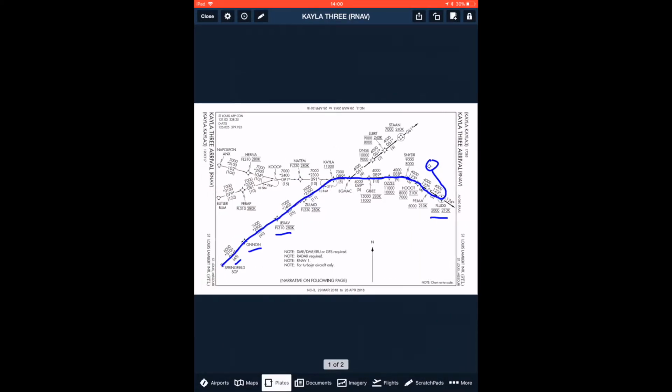Now, as you can see here, this is what is known as an RNAV STAR. As you can see, it says you need to use a suitable RNAV system. One of these systems, or what's more commonly used, is GPS.